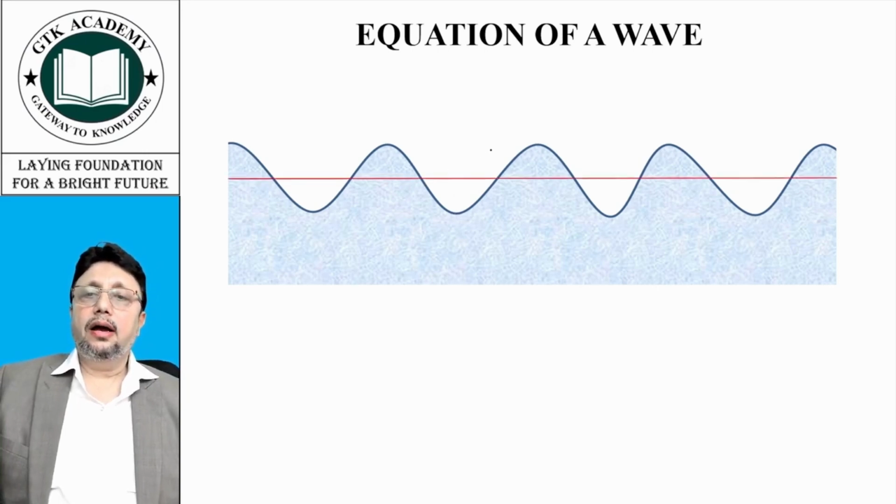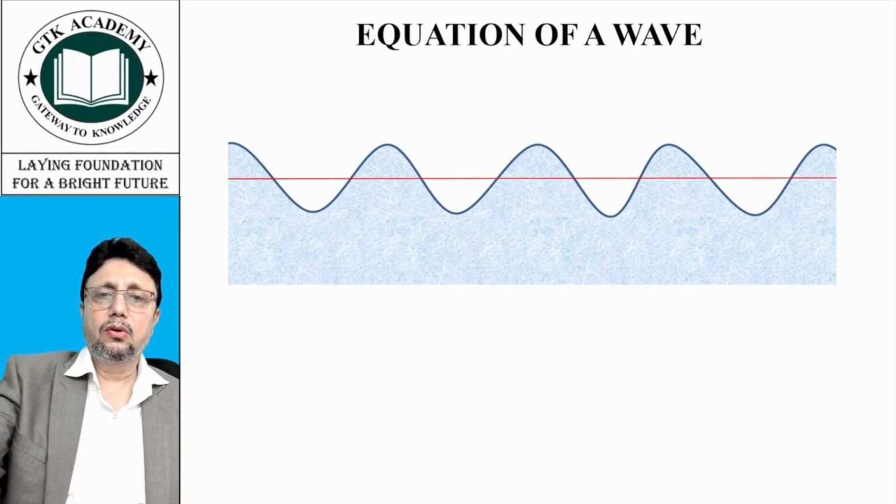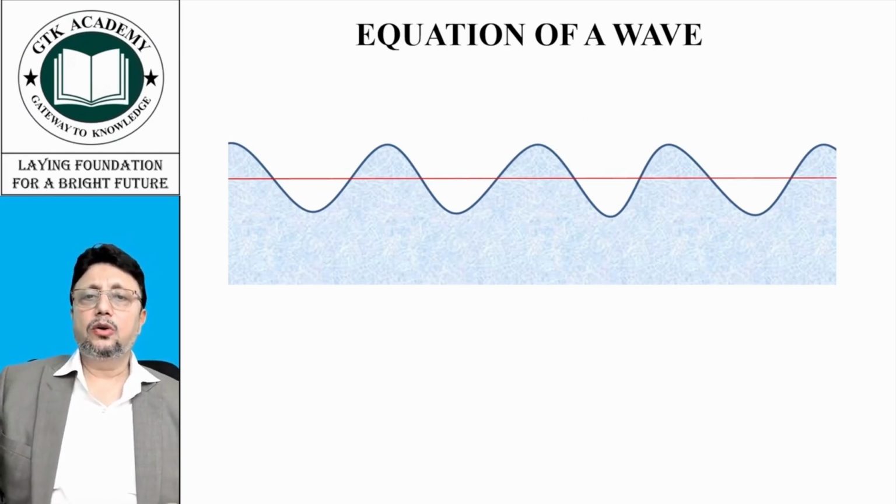Now this is the mean position of the liquid. Before the wave came, this was the position, and when the wave moves in this direction, the particles only oscillate about their position. It looks like this shape is being carried forward, but the material doesn't move, only the particles oscillate, and this kind of shape is generated.